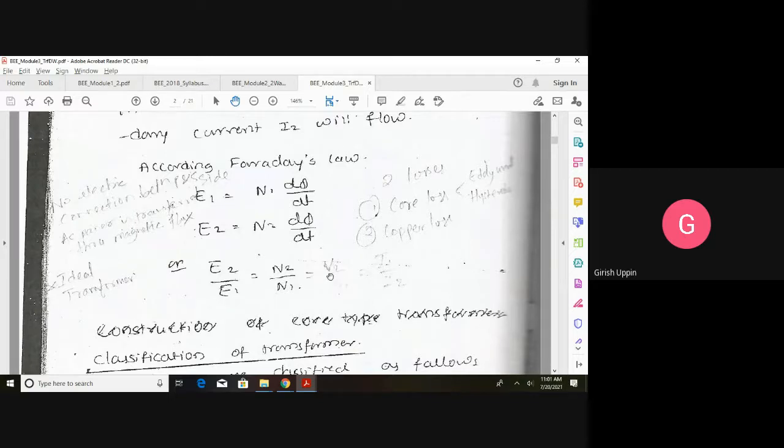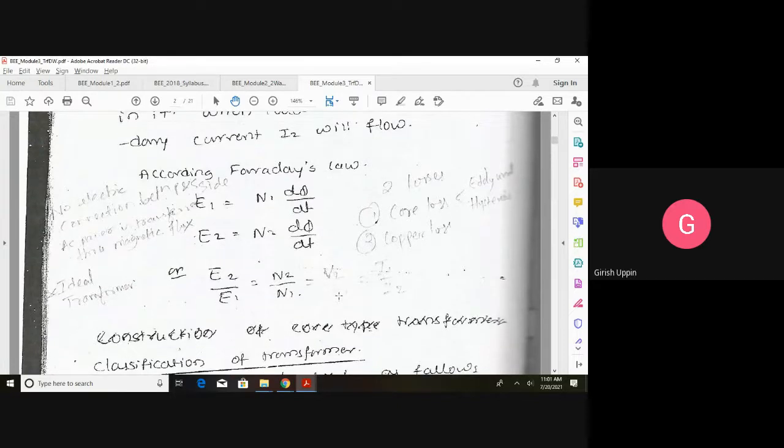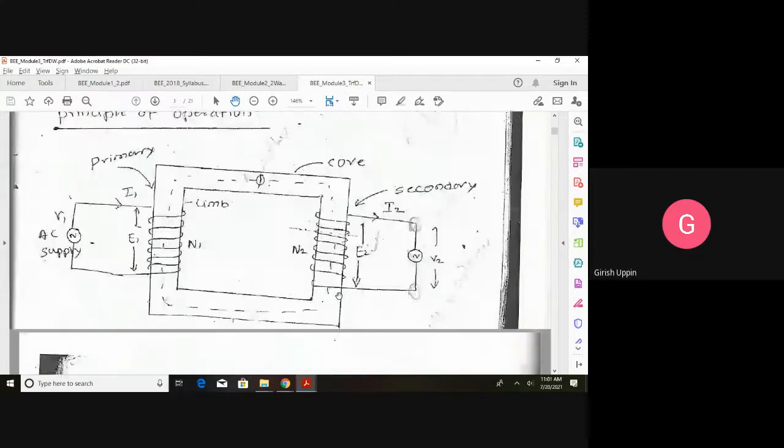It is V2 by V1, which is also equal to the reverse, I1 by I2. So you can see here E2 by E1, N2 by N1, V2 by V1. When it comes to the current, it is I1 by I2. We can say it is equal to V2 by V1 if we consider the transformer as an ideal transformer, with no voltage drop between the terminals and the winding.